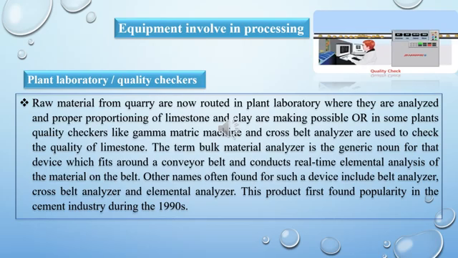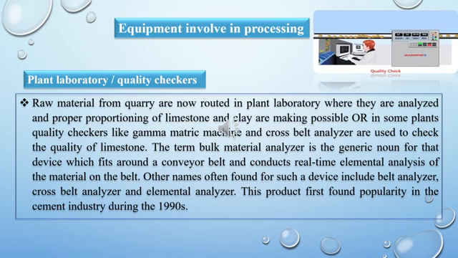The term bulk material analyzer is the generic noun for a device which fits around a conveyor belt and conducts real-time elemental analysis of the material on the belt. Other names often found for such a device include belt analyzer, cross belt analyzer or elemental analyzer. This product first found popularity in the cement industry in 1990.